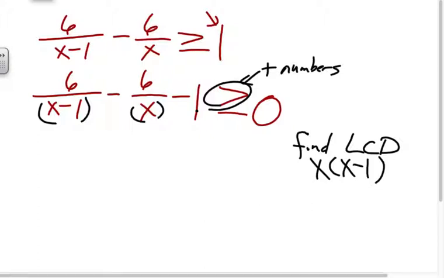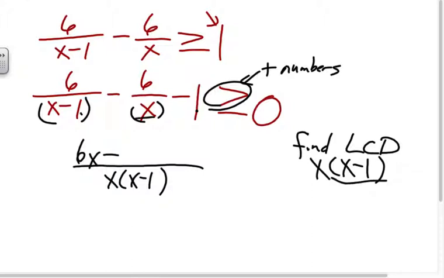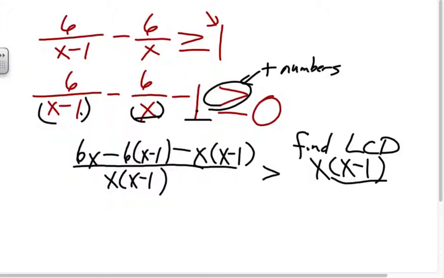In order to get that up here, I'm going to have to multiply by x, so that gives me 6x. To get this one, I'm going to have to multiply by x minus 1. I've already got the x, so it's going to be 6 times x minus 1. And to get this one, I'm going to have to multiply by everything. It's going to be x times x minus 1. It'll be greater than or equal to 0.